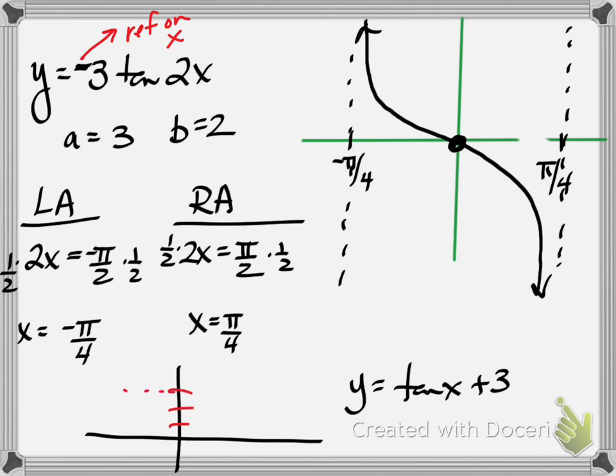We'd be up 3. We'd still have our asymptotes, but when we graphed it, our intercept would be on that midline shift, and it would be like this. So you might see one like that. Okay, that's all.